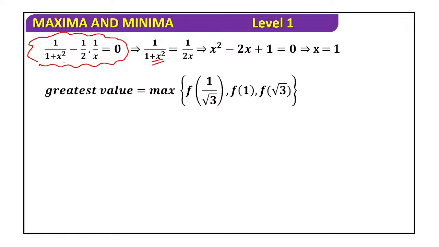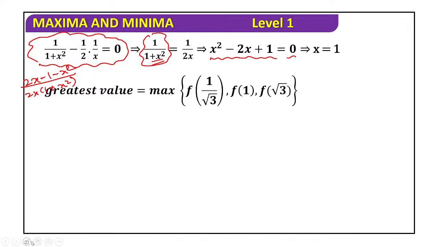Here you take LCM, that is 2x minus 1 minus x square divided by 2x into 1 plus x square. You just simplify it. Clear? This is your given function. So now if I go on simplifying this, it will be x square minus 2x plus 1 equal to 0. Clear?